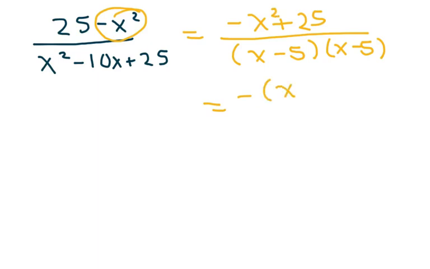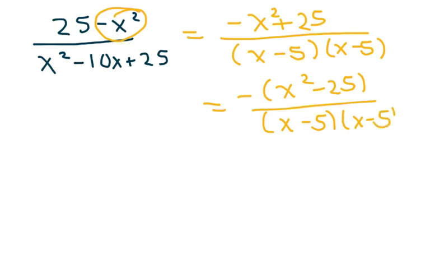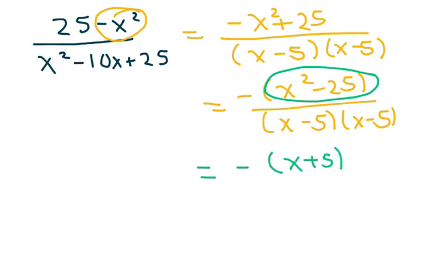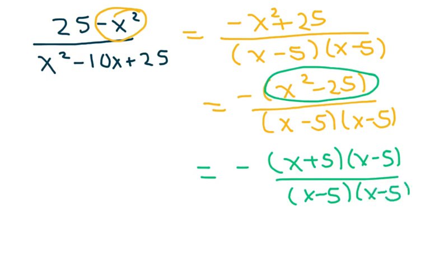And I'm going to get x squared minus 25 over x minus 5 times x minus 5. Now, this is the difference of perfect squares. So that's going to be negative x plus 5 times x minus 5 over x minus 5 times x minus 5. Cancel that out. And my final answer is right there.